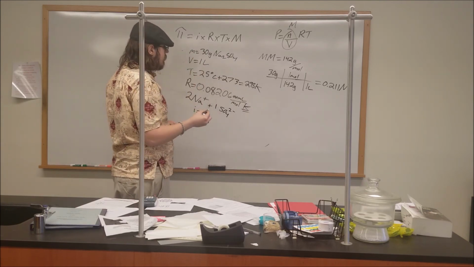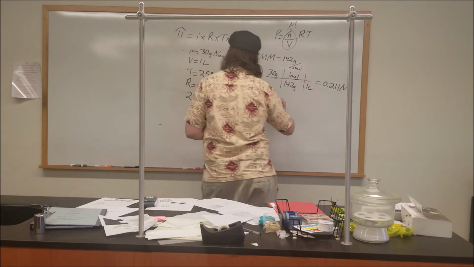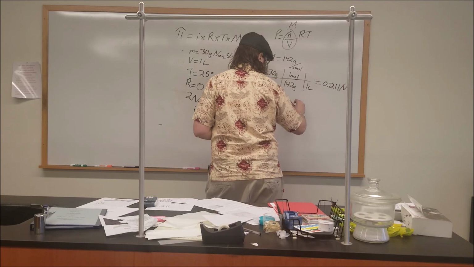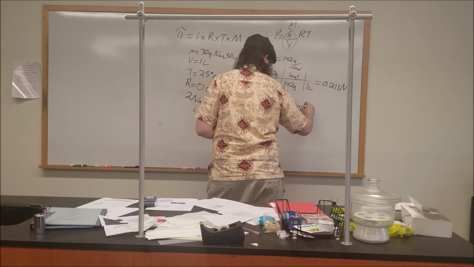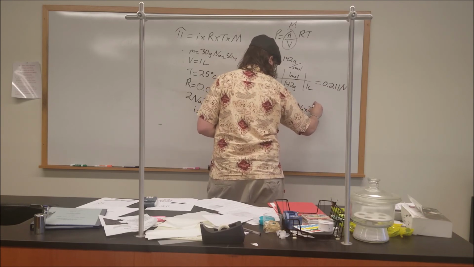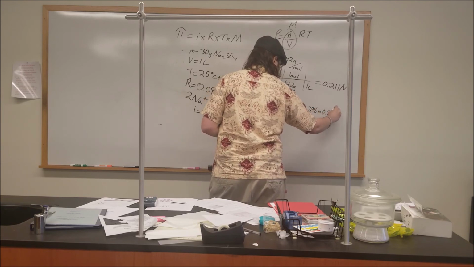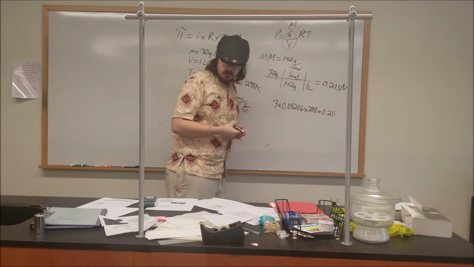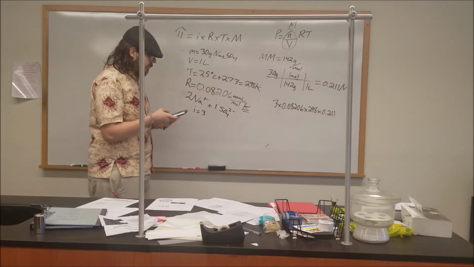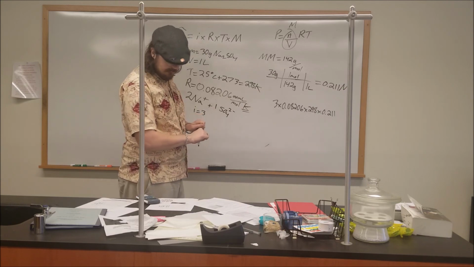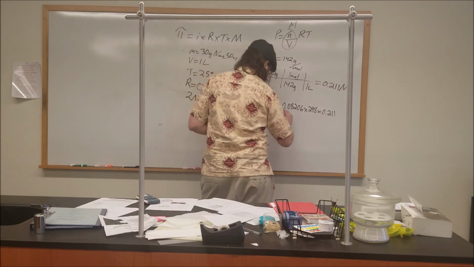Plugging our numbers into our equation, we get 3 times 0.08206 times 298 times 0.211. Plug those in, and you would get 15.5 atm.